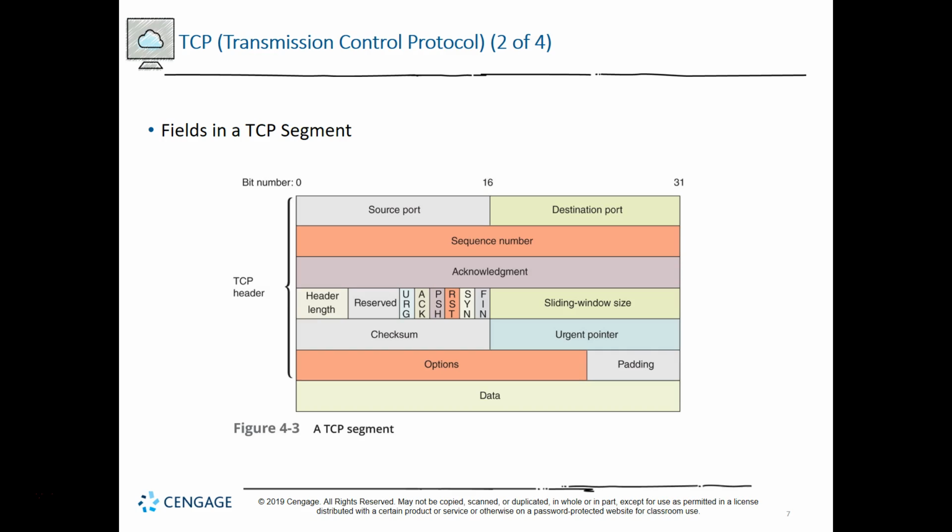The very first thing it adds is the source port, where am I coming from? Destination port, where am I going? It then also adds a sequence number. That sequence number is 32 bits. It adds an acknowledgement number.